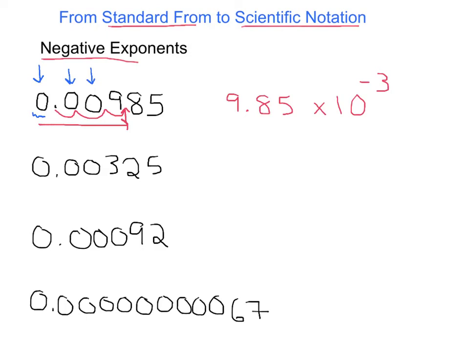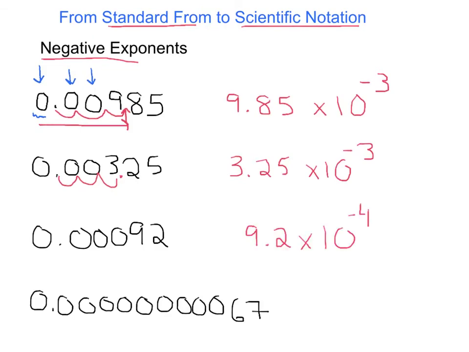So the next one, 0.00325, the decimal will be after the 3, so 3.25, and then always times 10, and then move the decimal 1, 2, 3, but it's negative 3. Now for the last two, why don't you pause the video and see if you can do them on your own.